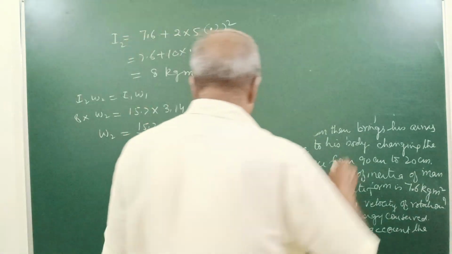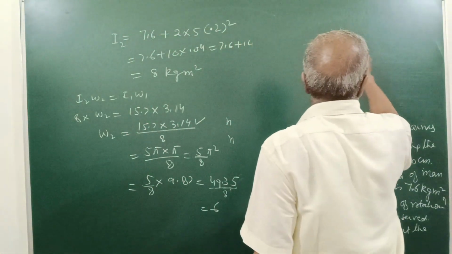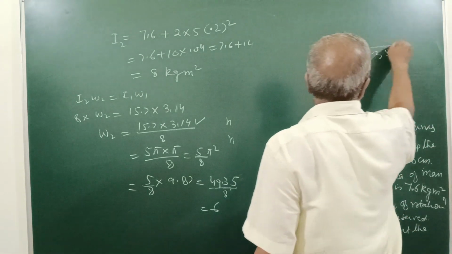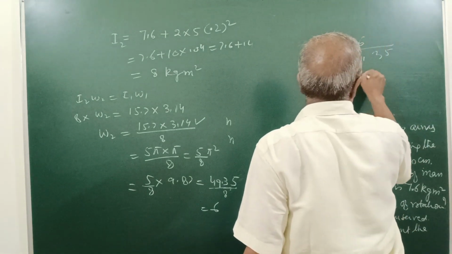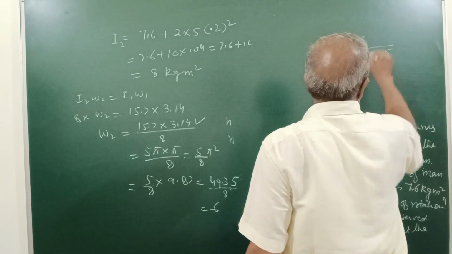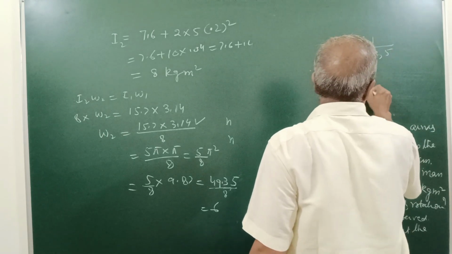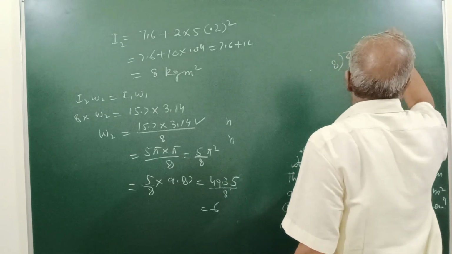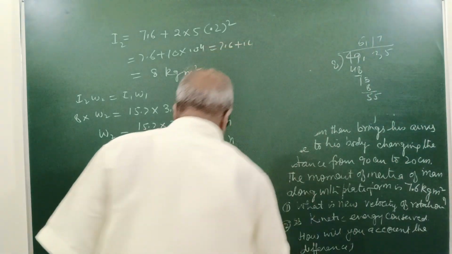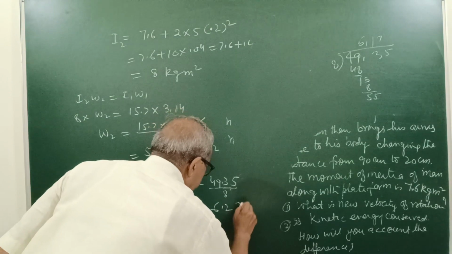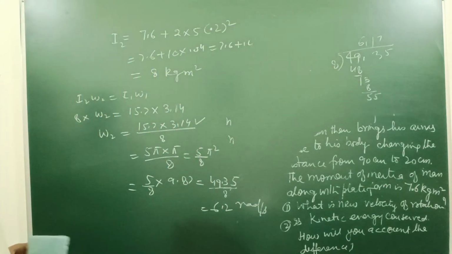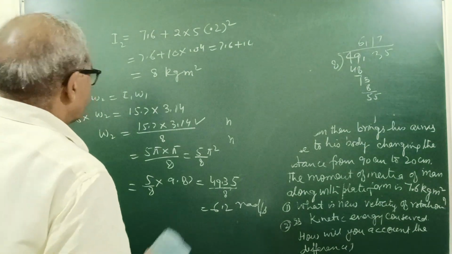Now 49.35 divided by 8. 8 times 6 is 48, remainder 1. So nearly you can write 6.2 radian per second. This is the new angular velocity, initially 3.14.